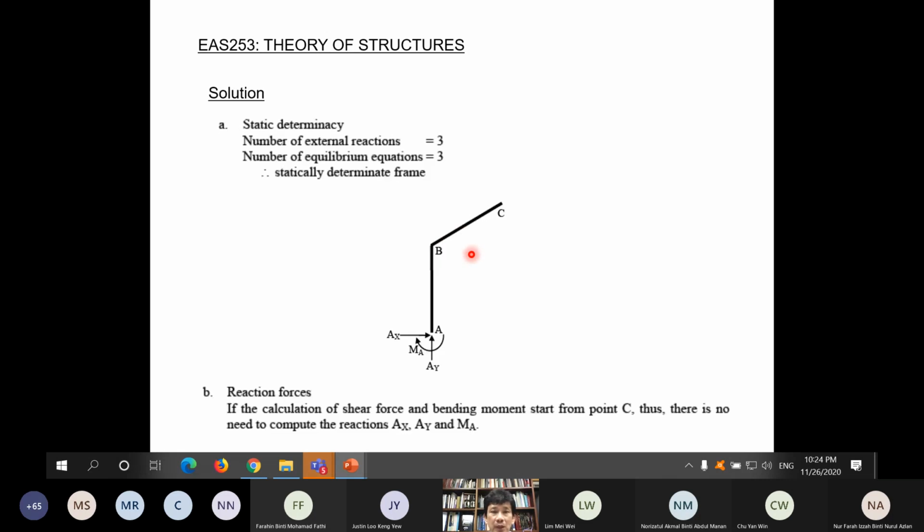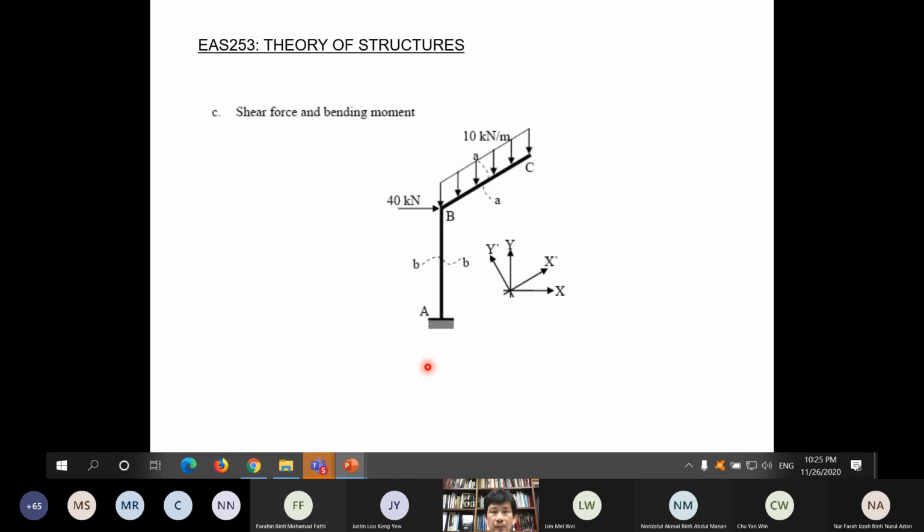So statical determinacy, I think you should be able to check. And then again, if you start from C, you do not need to calculate reaction forces AX, AY, and MA. Two cuts are needed: cut along member BC, and cut along member AB. Here, we use two sets of coordinate axes.